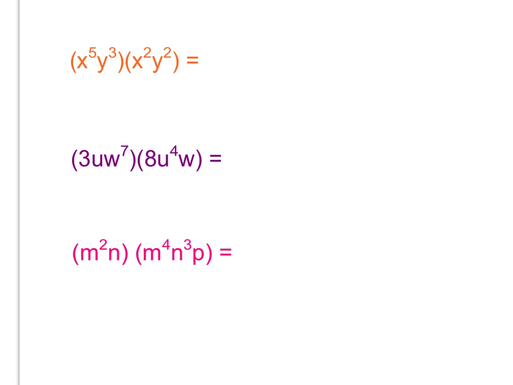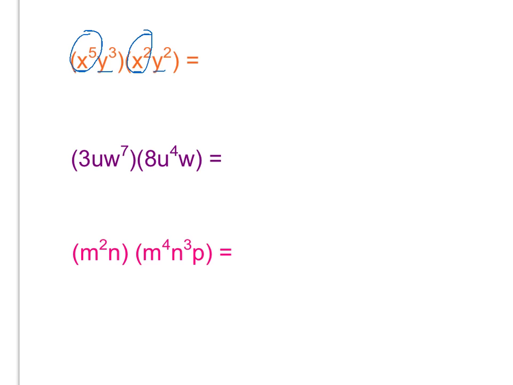Here are a few examples that I'll go through with you. So this time we have a little bit more going on than we did in the other ones, because I have different bases. See how I have an x and a y and an x and a y? So I can only multiply exponents that have the same base. So if I look at the x's, I'd have x to the 5th power times x to the 2nd power.